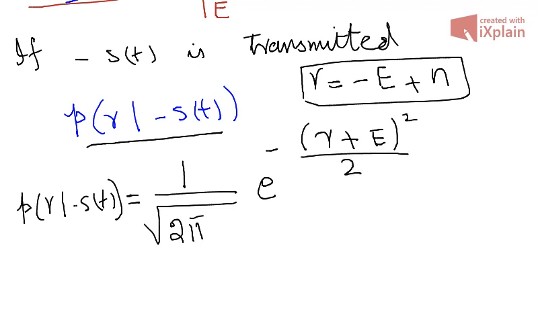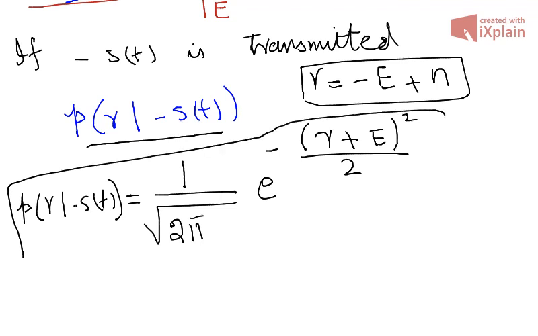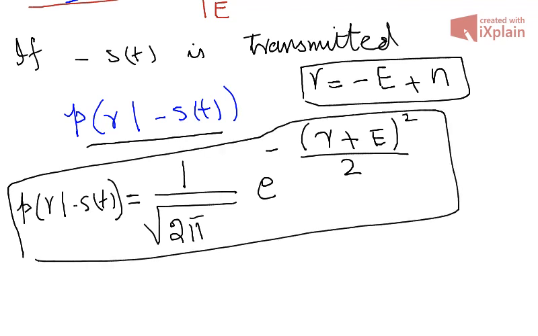You can derive it using the same steps. This would be the conditional PDF of R when minus S of t is transmitted, right?